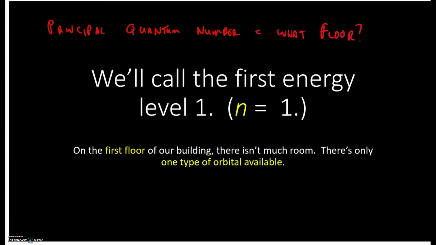Let's do a quick calculation here. When n equals 1, L can be any value from 0 up to n minus 1. Well, when n is equal to 1, there's only one possible value for L, and that's 0. And that tells us how many orbital shapes are available. And that means this is only 1. All right, let's take a look at what it looks like.